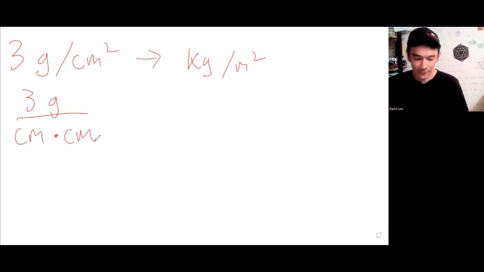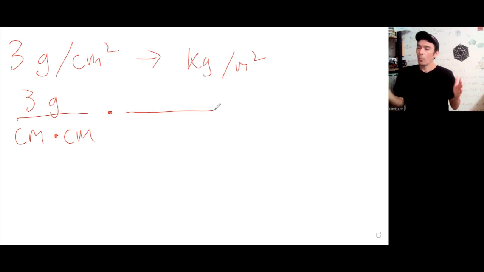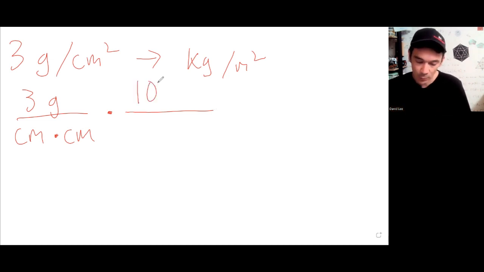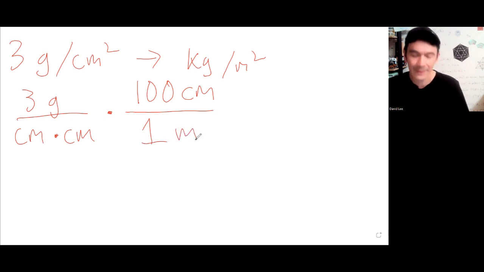And now we want to go from centimeters to meters. So watch this trick. What's the relationship? 1 meter has how many centimeters within it? Centimeter has the prefix cent, like a penny, which is 100. So the relationship is 100 centimeters produces 1 meter.